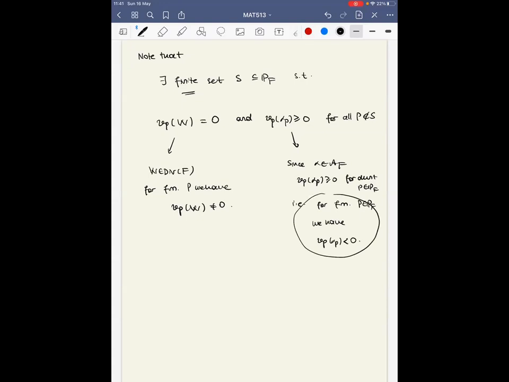So indeed, this finite set can be considered as the intersection of this finite collection of places that gives us these properties.